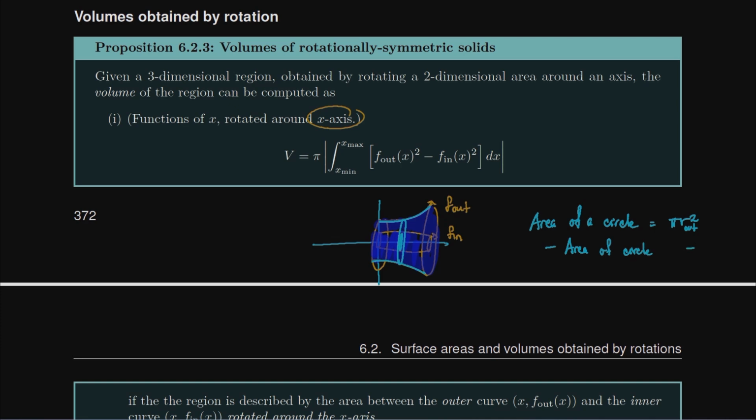So we're going to subtract pi r inner squared, and then we're just going to drag this circle all along the x-axis from some minimum value to a maximum value. Now, just like before, what is the actual radius of these circles? Well, the radius of the outer circle is simply f out, and the radius of the inner circle is simply f in, and so we end up with pi f out squared minus pi f in squared.